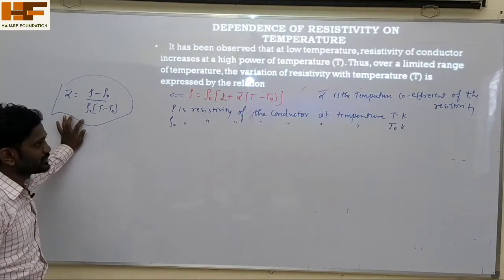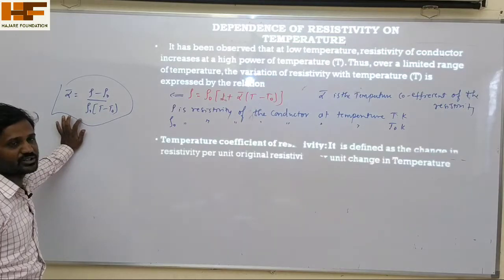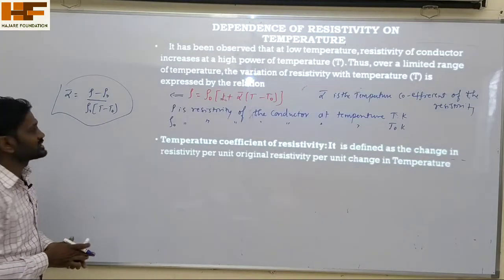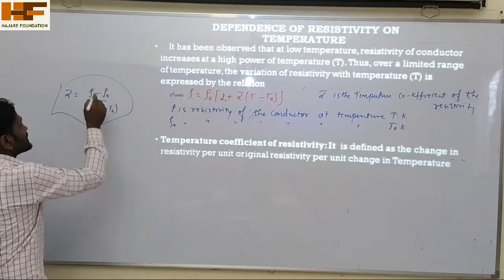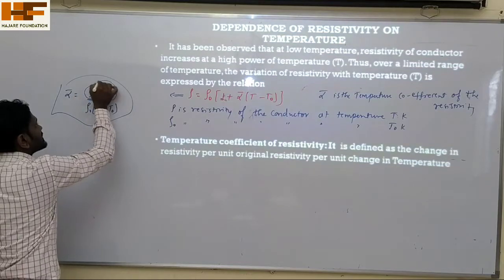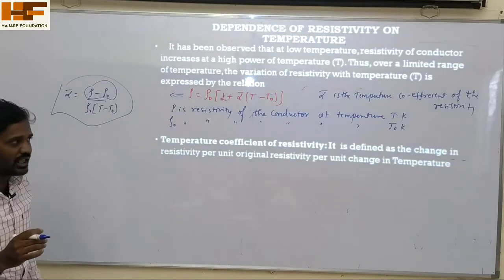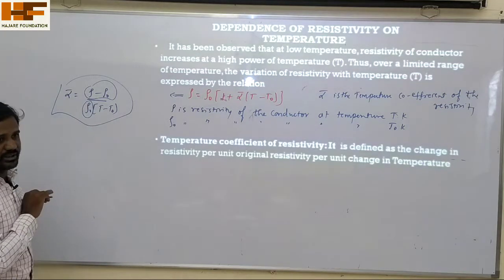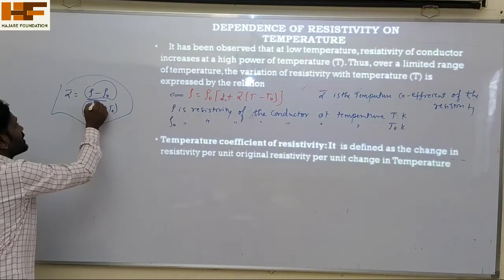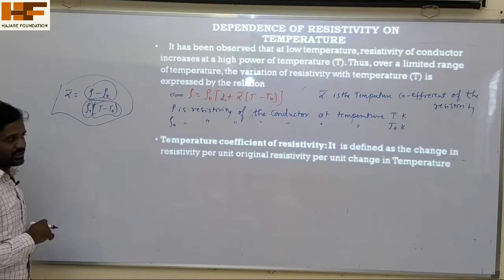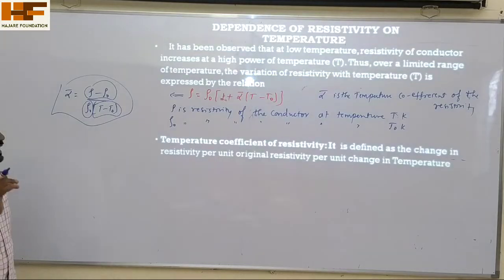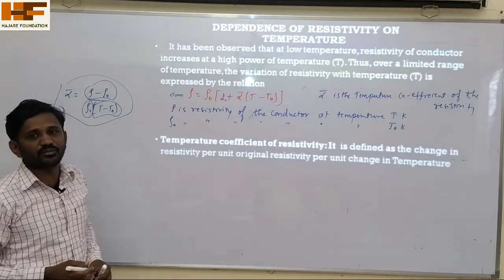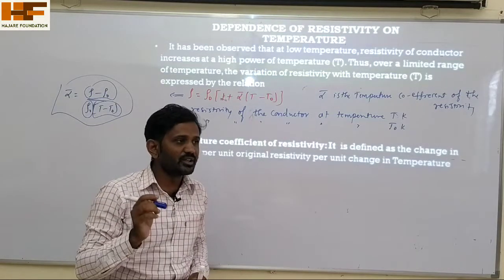The temperature coefficient of resistivity is defined as the change in the resistivity, or increase in the resistivity, per unit original resistivity per degree rise in the temperature.